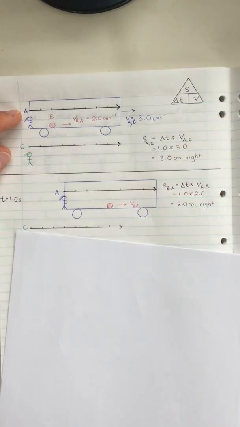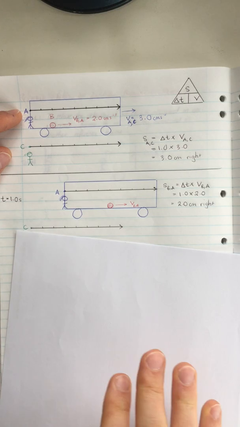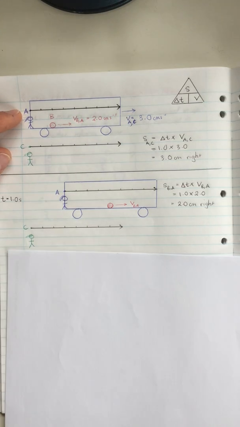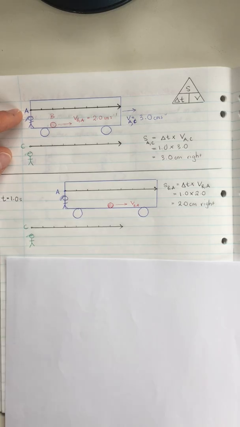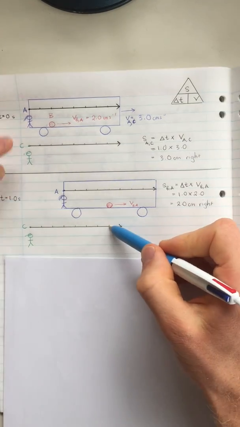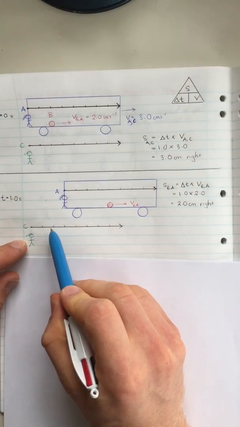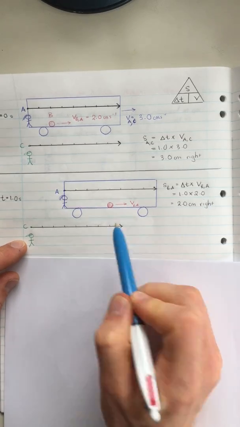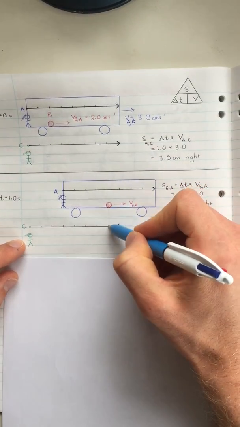It's still moving, but that's its position at this point. Now, we can see what C has measured to happen here. If we look at how Carl measures the ball at this point, Carl will see that the ball is at this point. So 1, 2, 3, 4, 5, 6, 7. So our ball is now at this point.